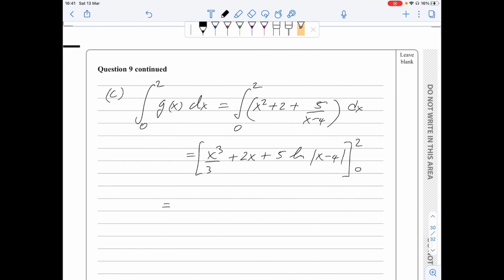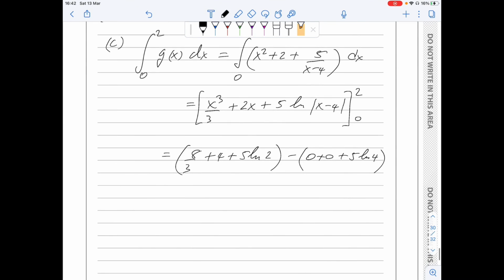Now if I substitute these values, I get 8/3 + 4 + 5 ln 2 - (0 + 0 + 5 ln 4), and this will give me 20/3 - 5 ln 2. Note that I have used the fact that 5 ln 4 equals 5 ln 2², which is equal to 10 ln 2.